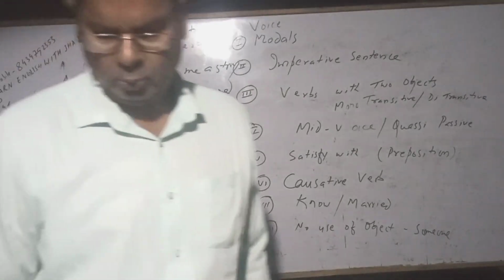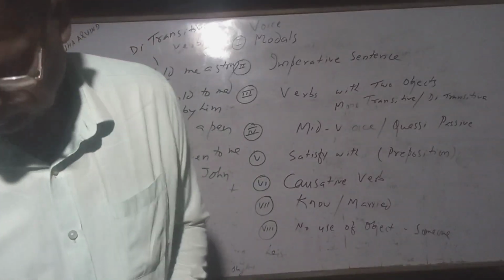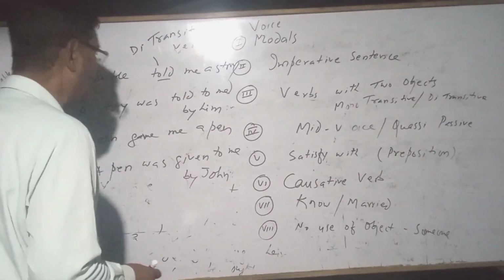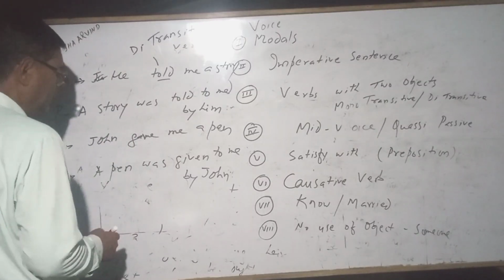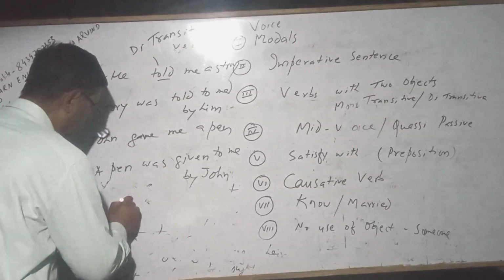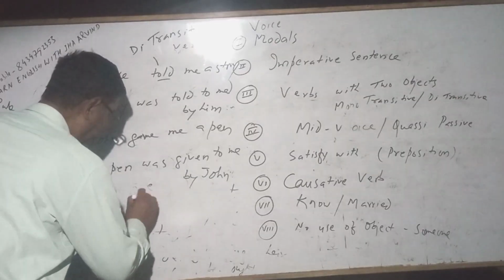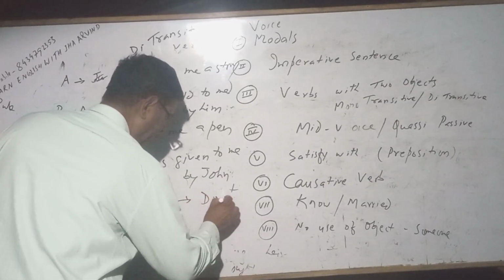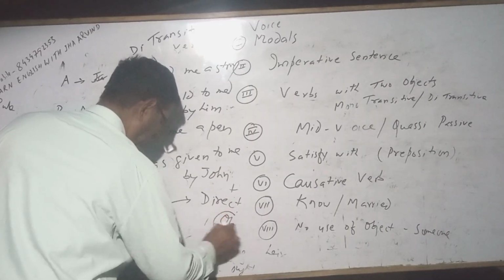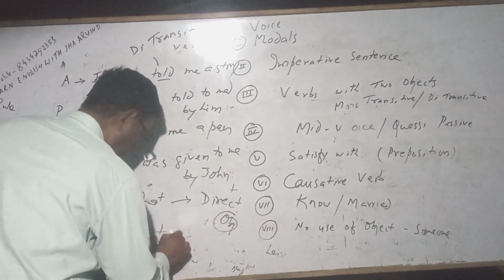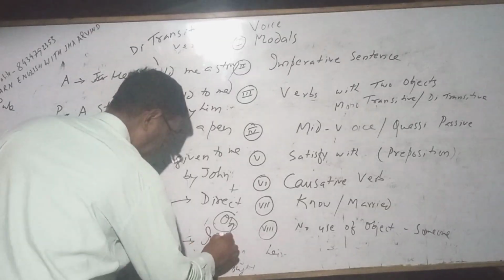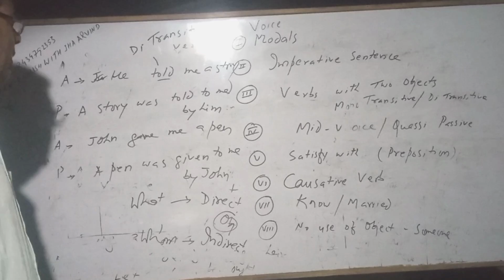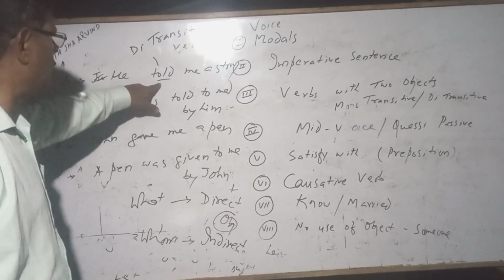Okay, now I'm just going to tell you about which object is called direct, and which object will be called indirect. If you put the question what and you get the answer, it is called direct object. Okay, if you get the answer of whom, it is called indirect object. Look here, he told me a story. He told what?